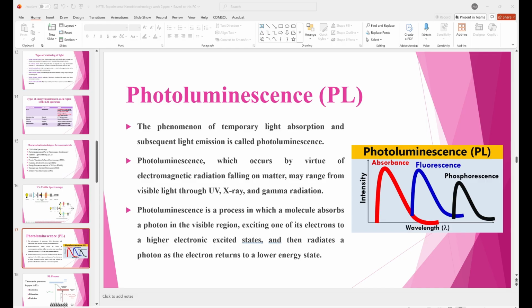So check whether your instrument is heating up or not. Switch off the instrument, let it cool down, then start measuring again. You should not do PL spectroscopy for longer durations if your instrument is heating up, because then you will get non-radiative recombinations, so the PL intensity will decrease.